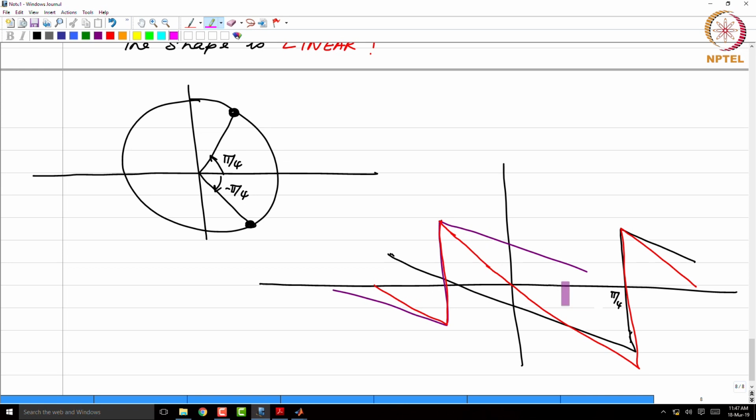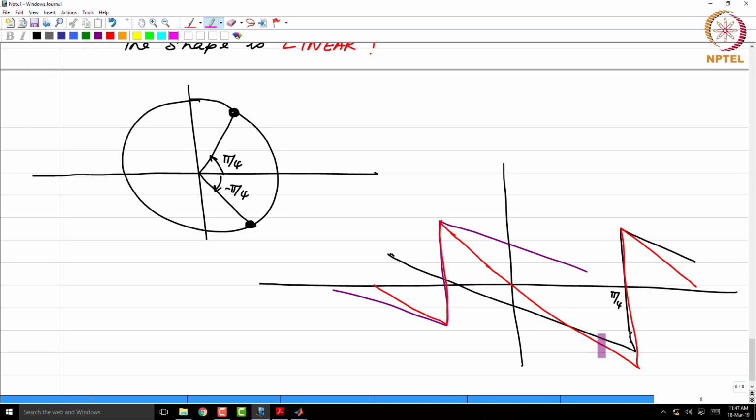And now you are adding two sawtooth waveforms, each having slope minus half. Therefore, if you add two linear curves, each with slope minus half, the overall slope will be minus 1.